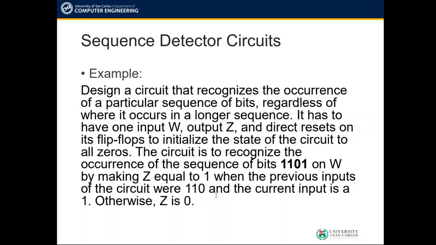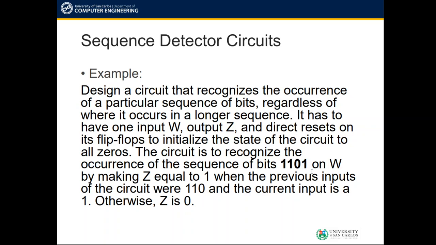Remember that flip-flops are storage elements, based on the previous lecture. Otherwise the output is 0. There is only one scenario where Z becomes 1: when the previous sequence is 110 and the current input is 1.